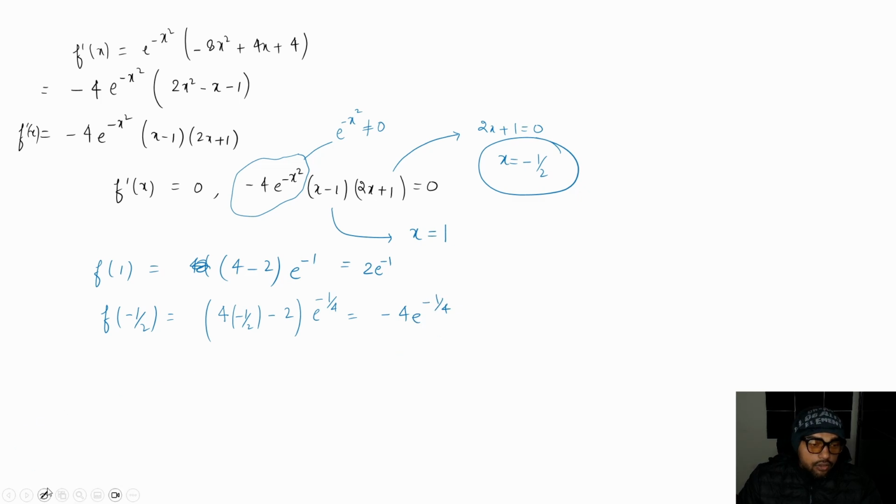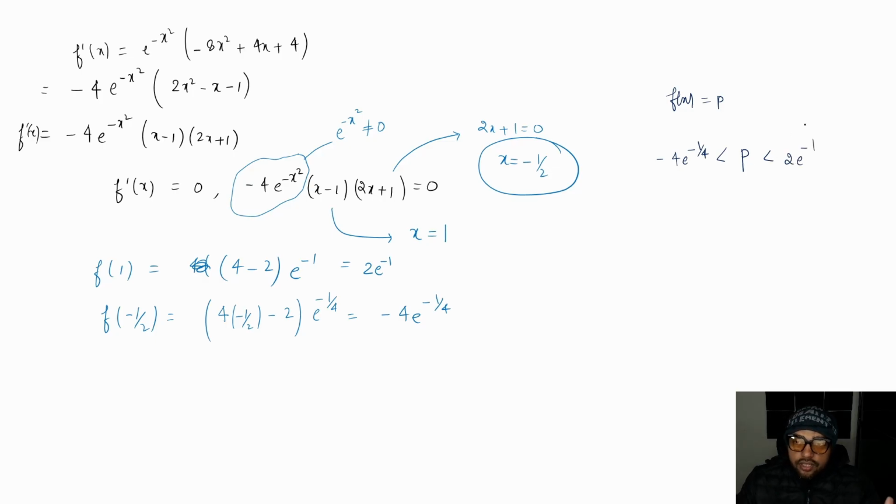So the range we have already got, student: the function will lie between p, where they have told f(x) equals p. It will lie between negative 4 e raised to the power negative 1 by 4 and 2 e raised to the power negative 1.